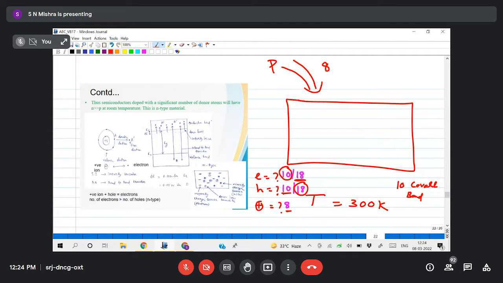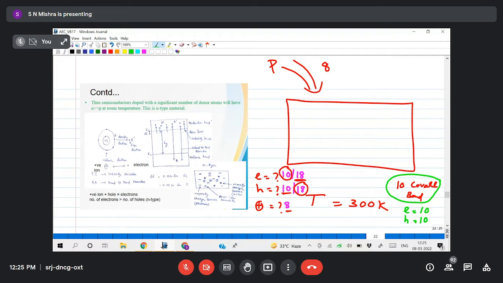And holes are 10 because the covalent bond breaks, so the electron will move to the conduction band and a hole will be created in the valence band. Very good. And positive ions from the phosphorus, 8. Very good. So covalent bond breaks means, I told you, one covalent bond breaking means one electron and one hole will generate. So 10 covalent bonds breaking means number of electrons will be 10, number of holes will be 10. Is it clear?